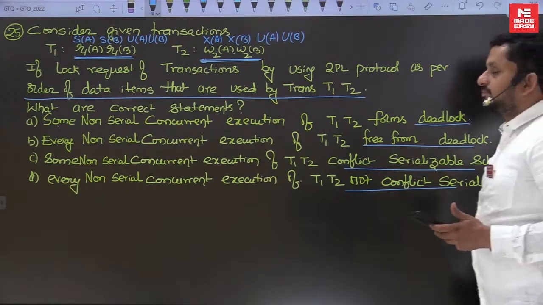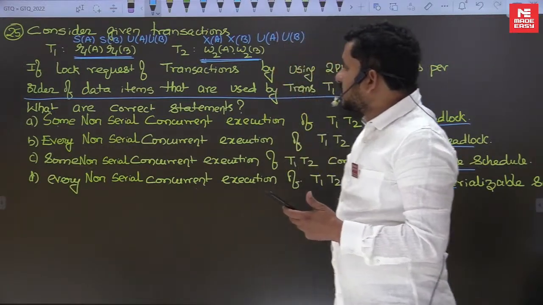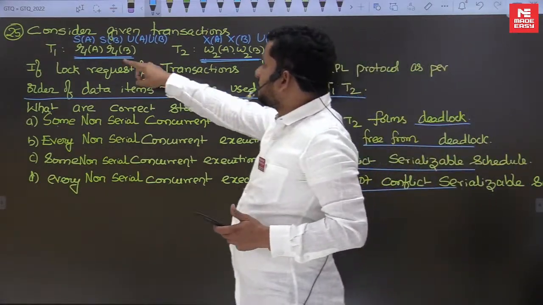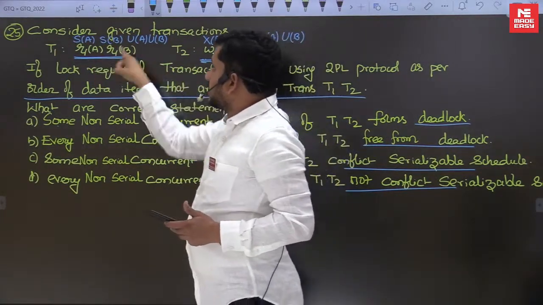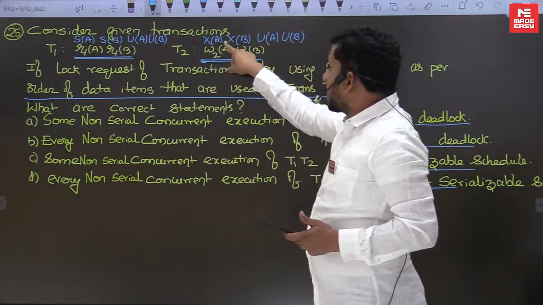Answer this question, a small change to the previous one. Instead of read A, read B and write B, write A, here it is read A, read B, and write A and then B, here also A and then B.